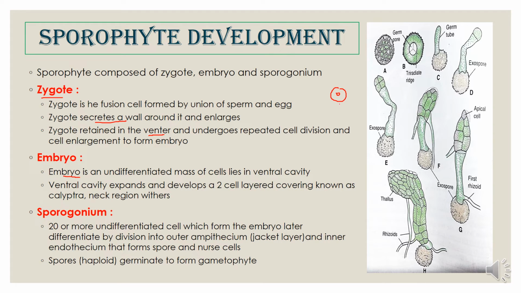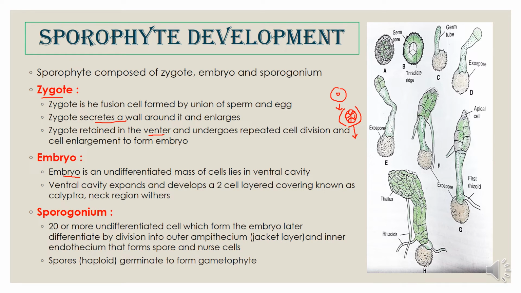It undergoes repeated division to form a multicellular, undifferentiated structure called the embryo. And this undifferentiated mass of cells called the embryo is protected by a two-layered wall called the calyptra. This calyptra is actually the jacket layer of the venter.